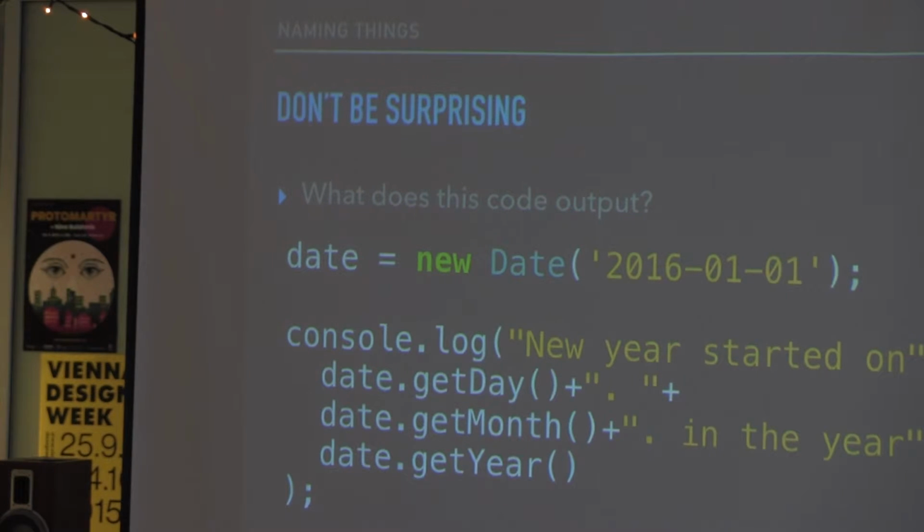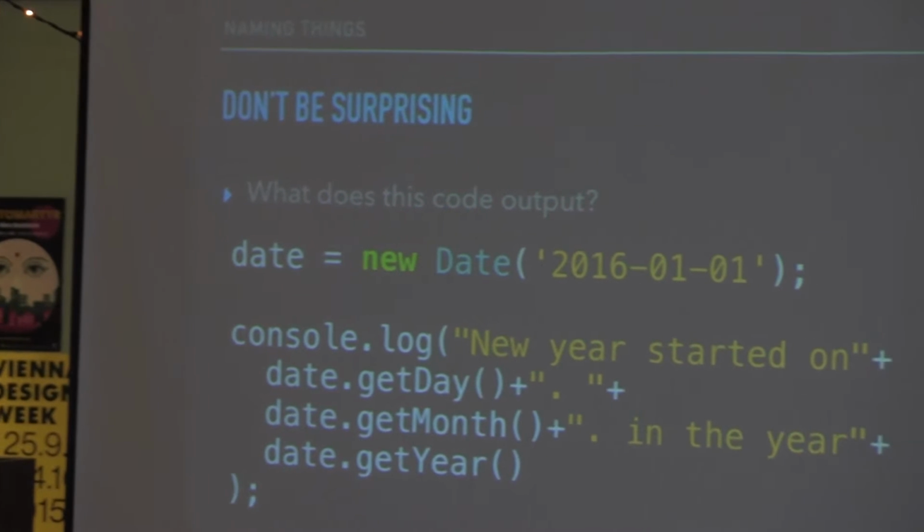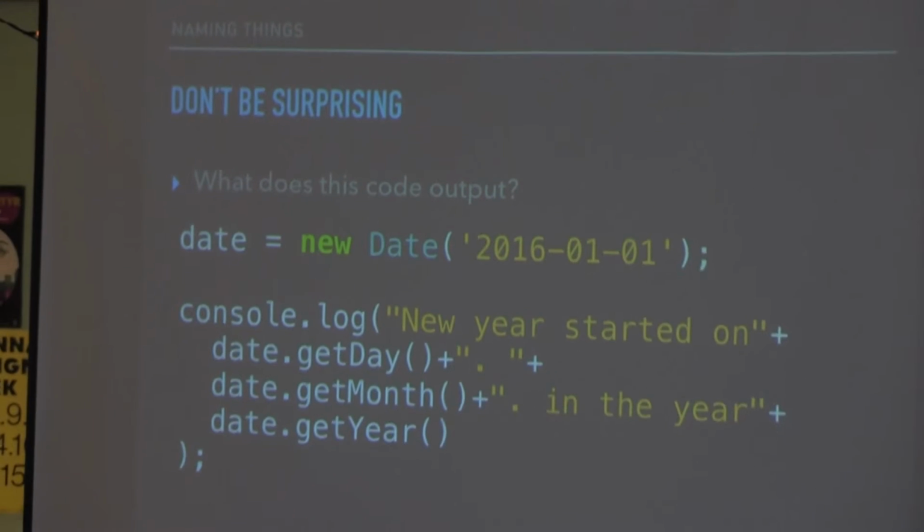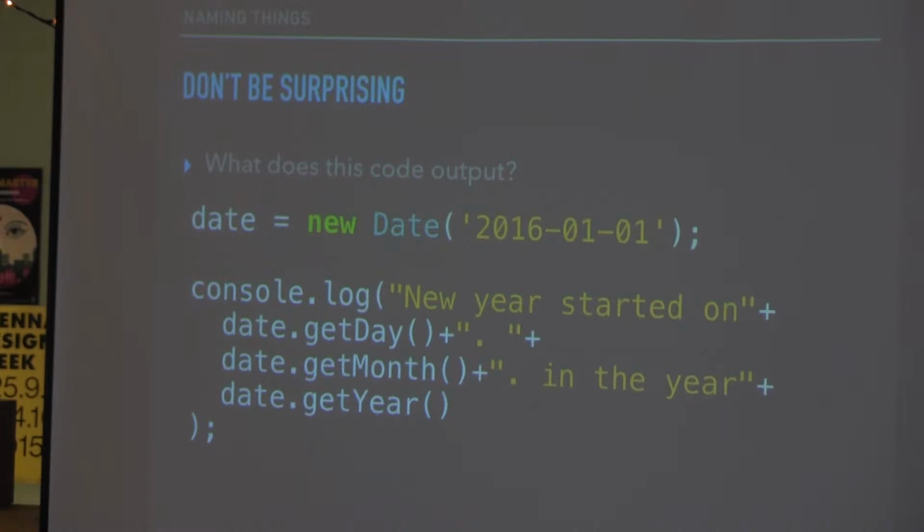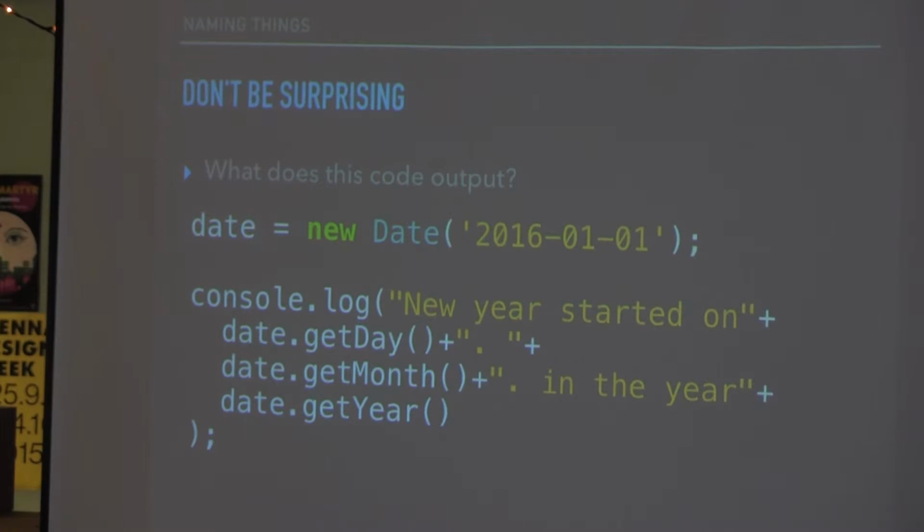So, for example, this is a JavaScript date object, and basically what this does is creates a new date on the 1st of January of 2016 and tries to output it to console. So let's take a moment to look at what this code does. Try to read it and try to understand what it does. So I can tell you that there's no problem in the first line.